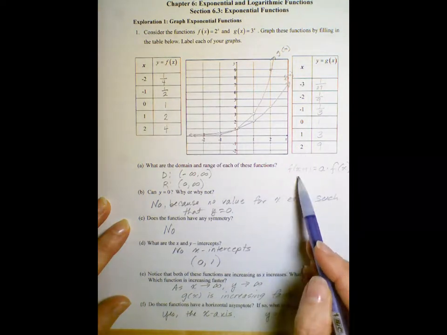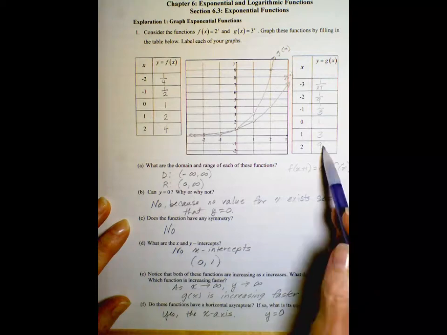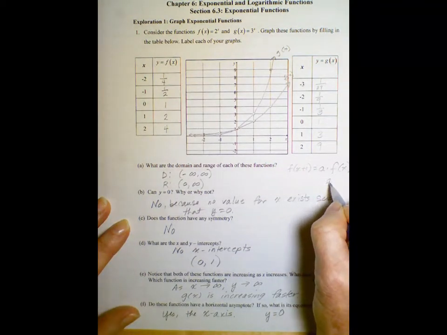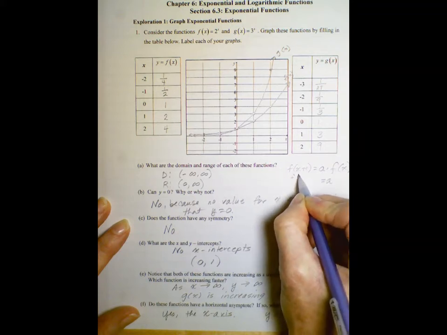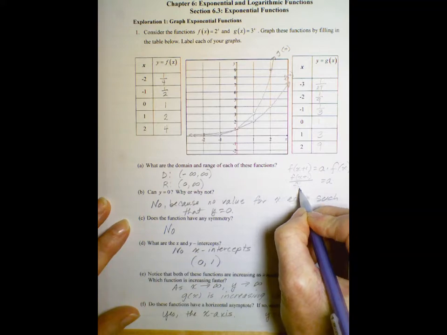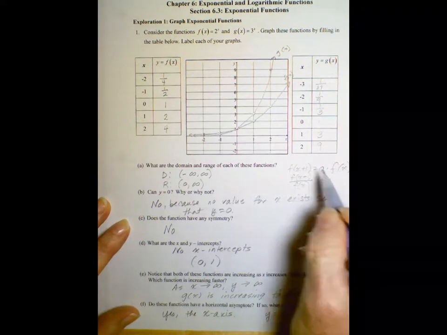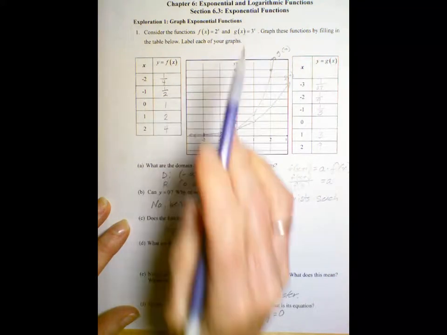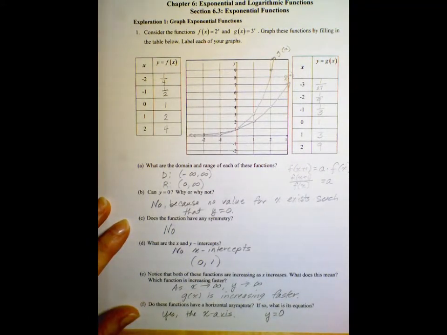Then we multiply by 3 again and get 9. So we have this relationship: the subsequent y value divided by the previous one will give you your a. And a is our 2 here and our 3 here, our growth factor. We're going to generalize all this now in the next video.